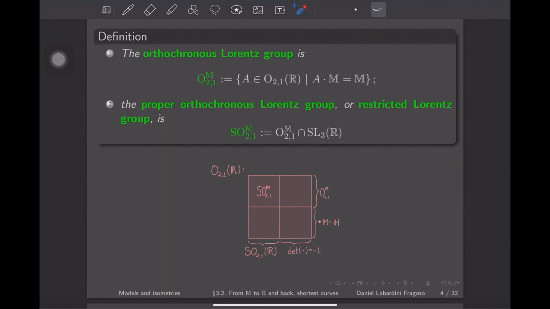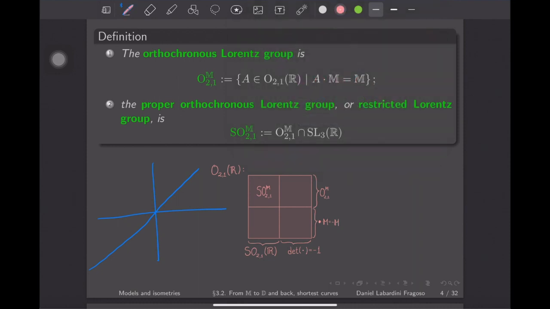Now notice there are some examples of matrices that don't have determinant 1. Let's see an example, or at least indicate one.